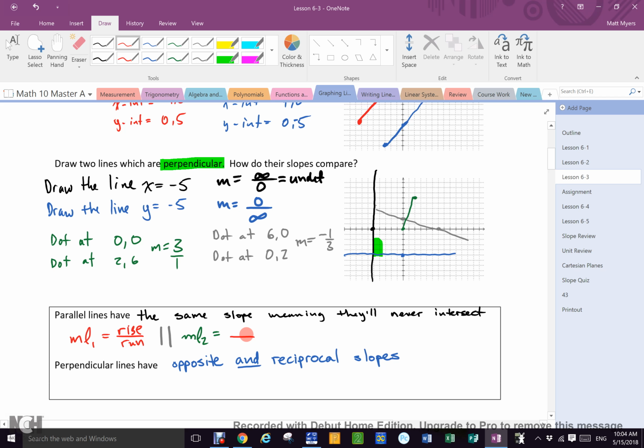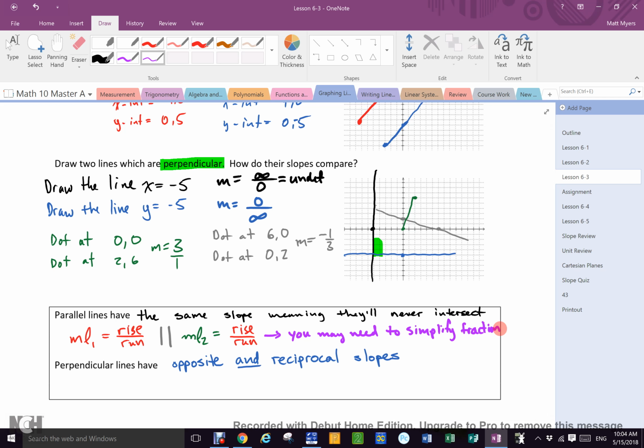Why do you think I went back to red? Because it's the same. It's going to be rise and run. What's the thing you may have to worry about? You may need to simplify a fraction to make this happen. Is everybody cool? If they're parallel, then the slopes will be the same.